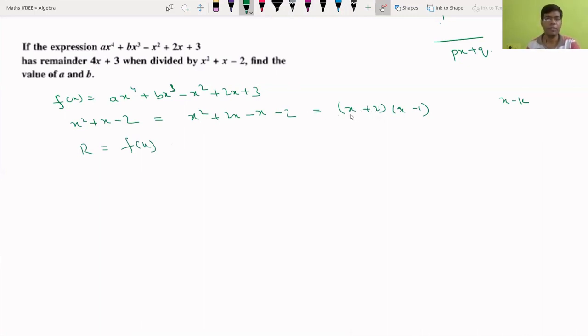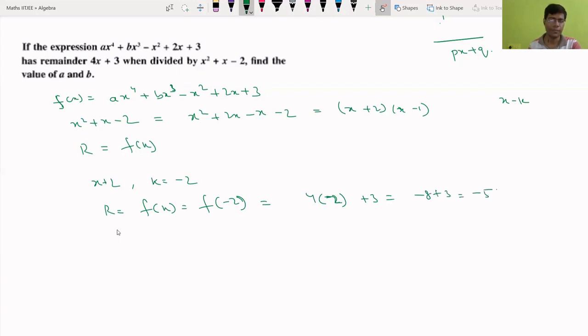If I divide with only x plus 2, my k in this case is minus 2. So my remainder will be f of minus 2, which is 4 multiplied with minus 2 plus 3. This gives minus 8 plus 3, which is minus 5.